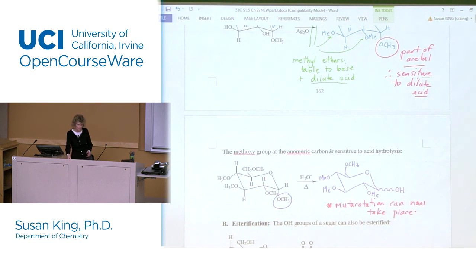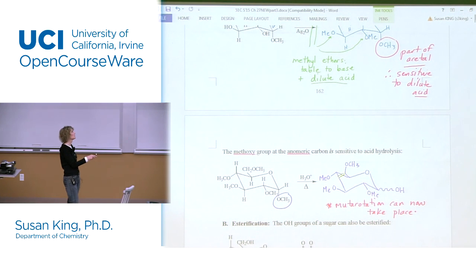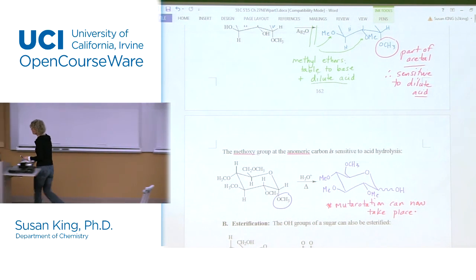Having all of those hydroxyls methylated does not interfere with mutarotation. As soon as this becomes a hydroxyl, the ring can open and close and open and close to give us an equilibrium mixture. Okay, so that's what's going to happen here.